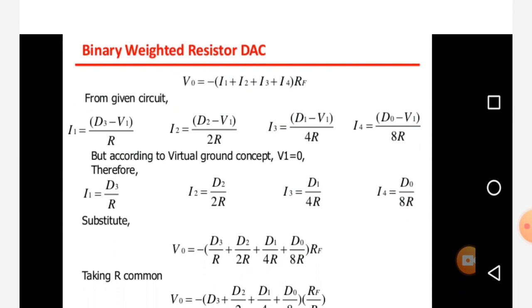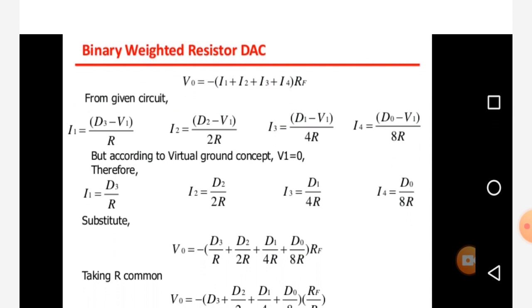So the I1 value is (D3 minus V1) upon R. I2 is (D2 minus V1) upon 2R. I3 is (D1 minus V1) upon 4R. I4 is (D0 minus V1) upon 8R. But according to the virtual ground concept, V1 is equal to 0.